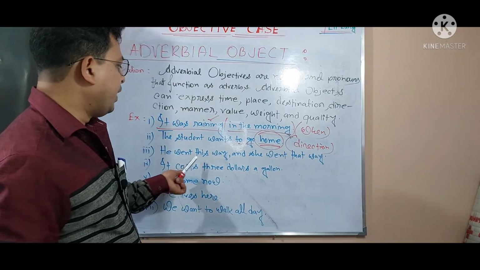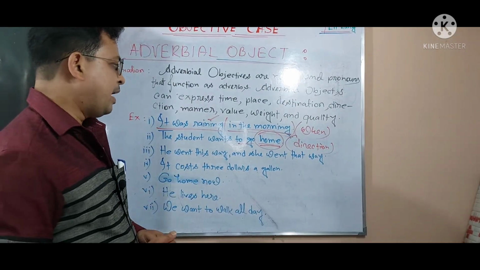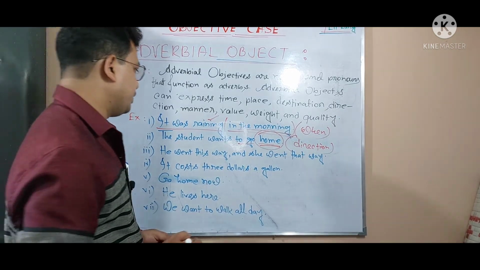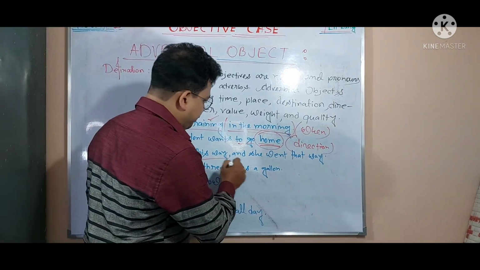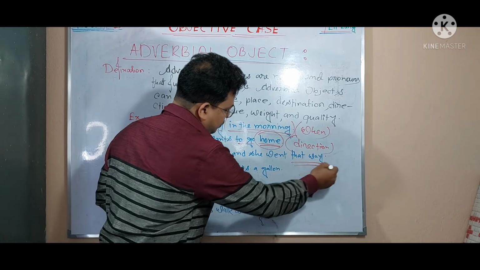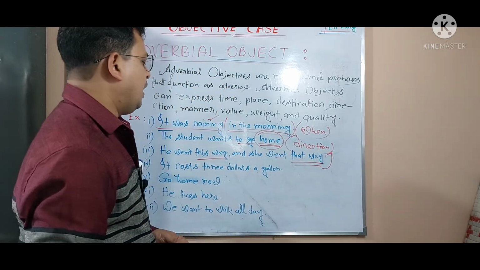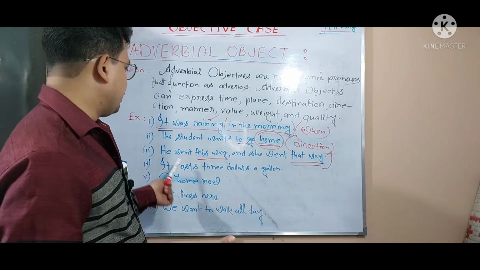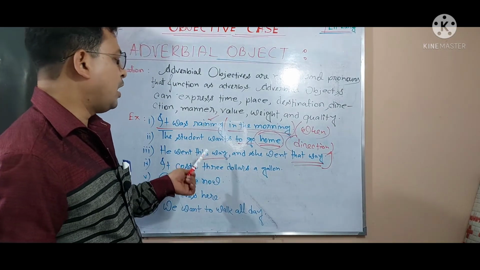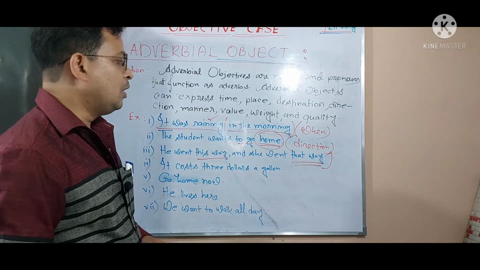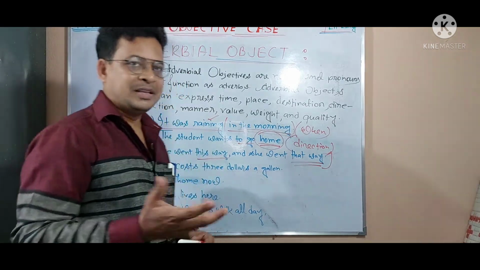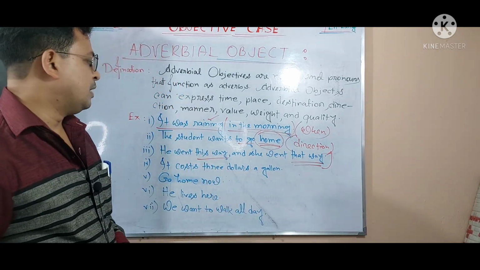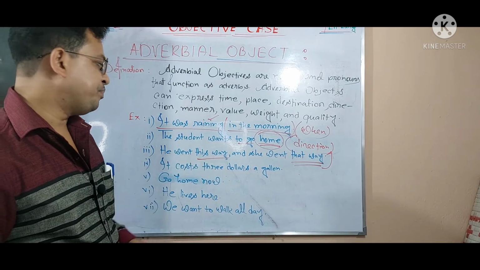Okay, he went this way and she went that way. So this way and that way are also direction. And it could be the previous one, it could be home. Actually, where will the student go? Where does the student want to go? Home. It could be a place also, because home actually conveys a place here.